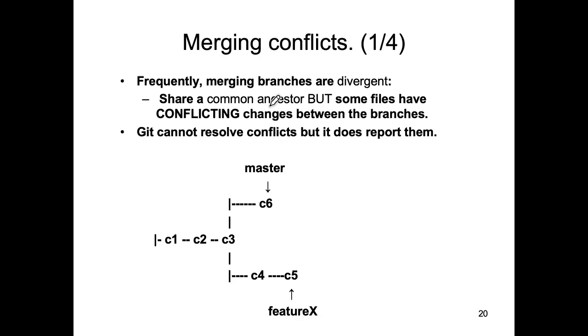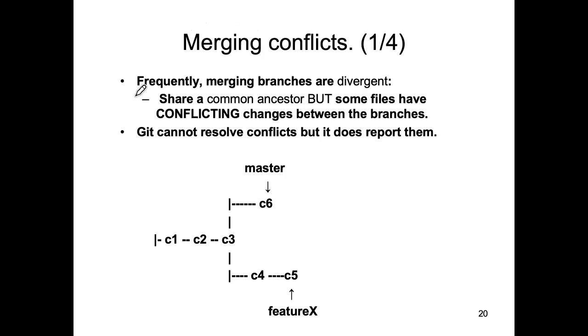One was directly upstream of the other. But more often than not, branches that you do want to merge are diverging. Always, though, diverging branches share a common ancestor, if you look back far enough in the path of commits.